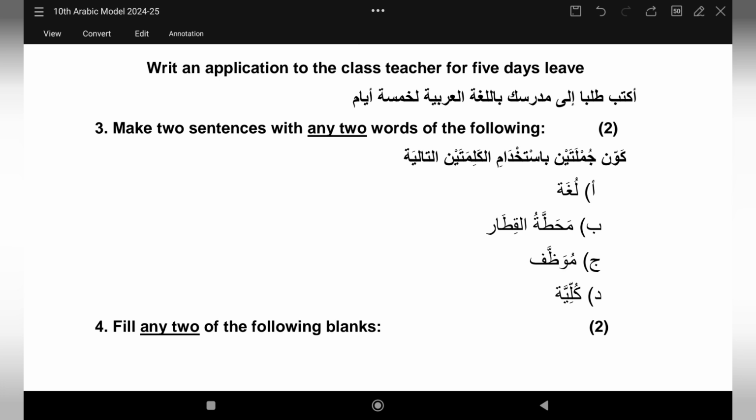A verbal sentence starts with a verb, and a nominal sentence starts with a noun. You can also make sentences using kana and inna. Everything is possible, but it should be a complete sentence, like لغة العربية جميلة.